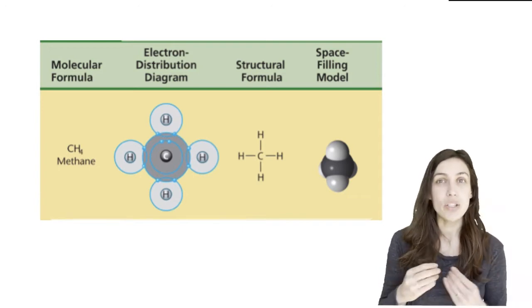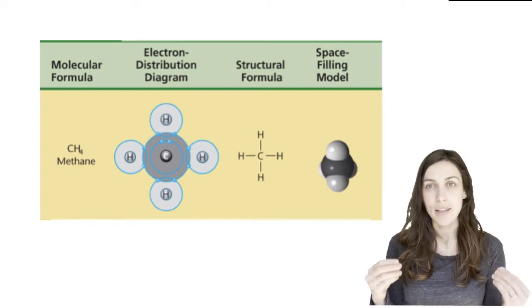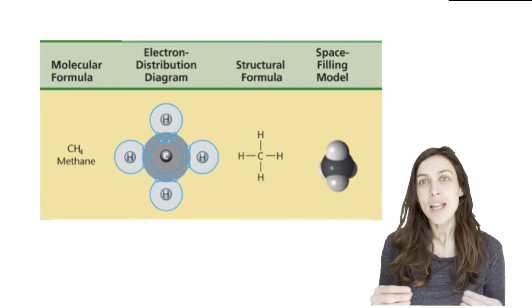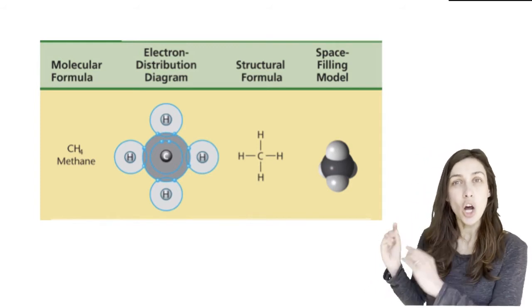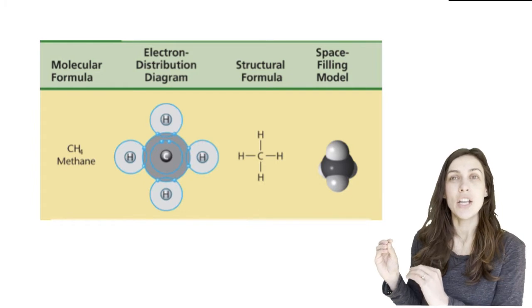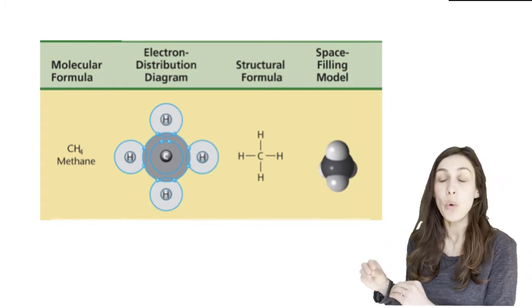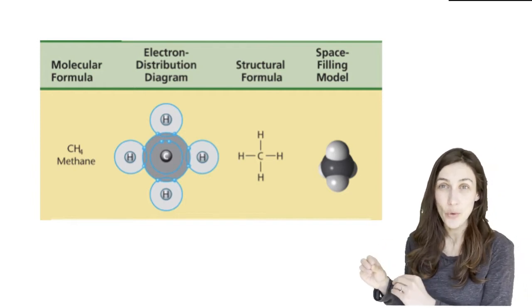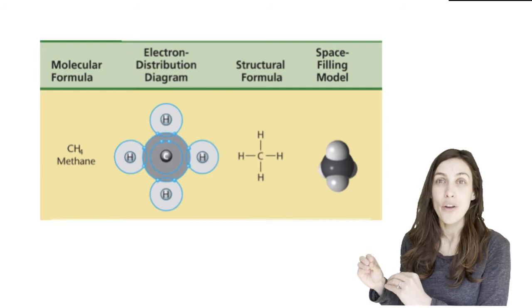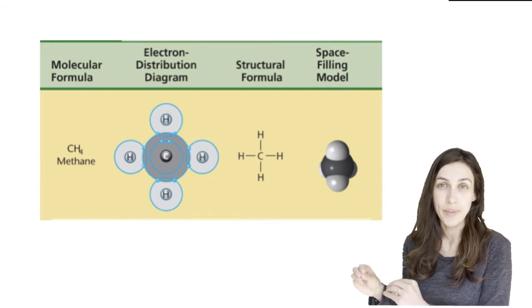The simplest of all organic molecules is called methane. You don't need to remember the name, but here it is in the example as carbon that is sharing its 4 electrons in the valence shell with 4 hydrogen atoms, and therefore it is making 4 single covalent bonds.